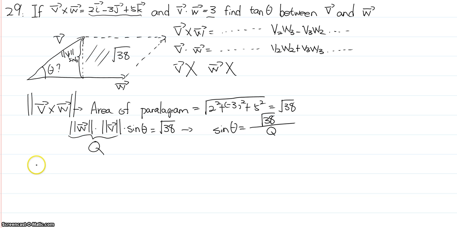Now let's take a look at the dot product. The dot product v dot w, it told you it's 3, which equals the magnitude of w times the magnitude of v times cosine of theta, because this is a way to measure the theta.